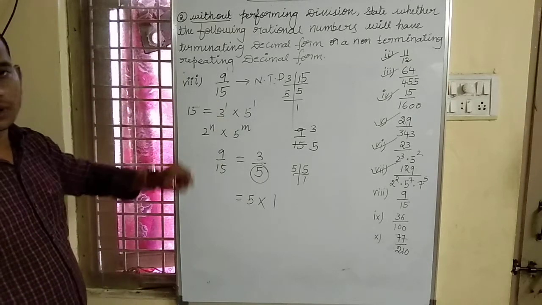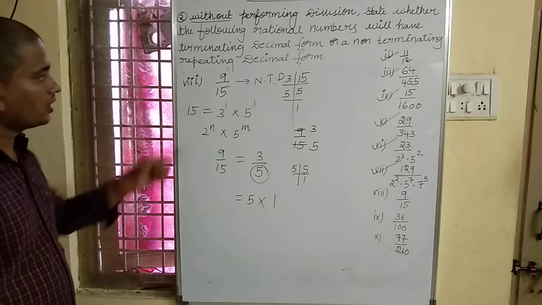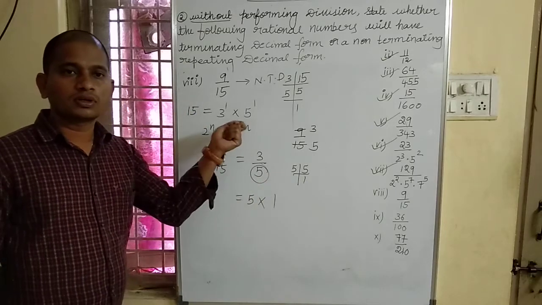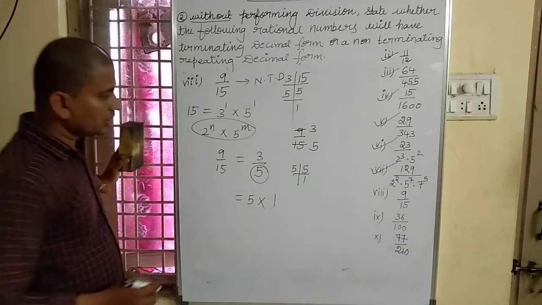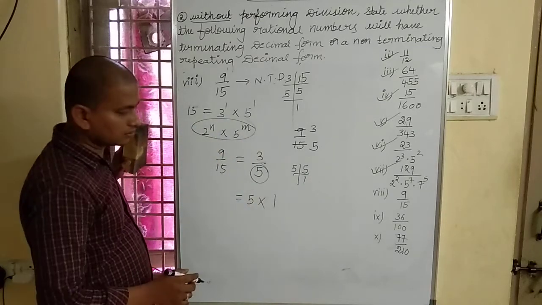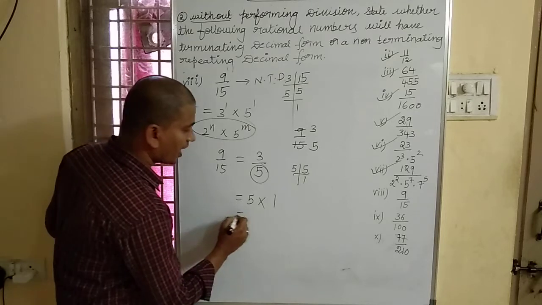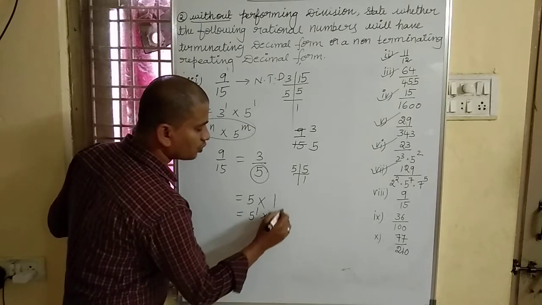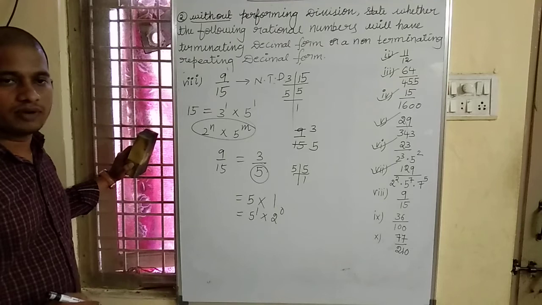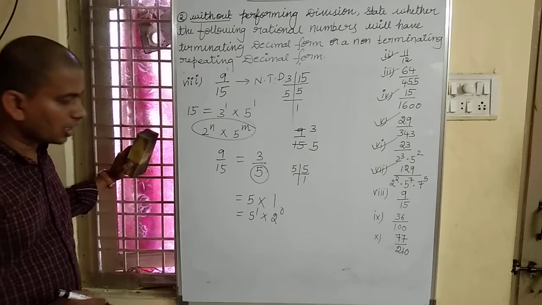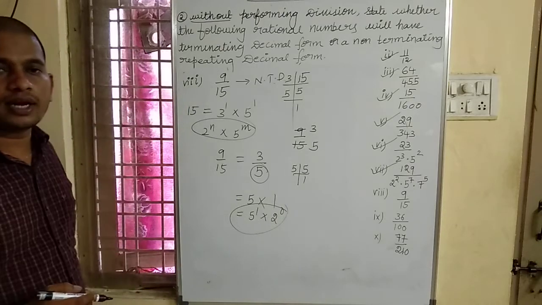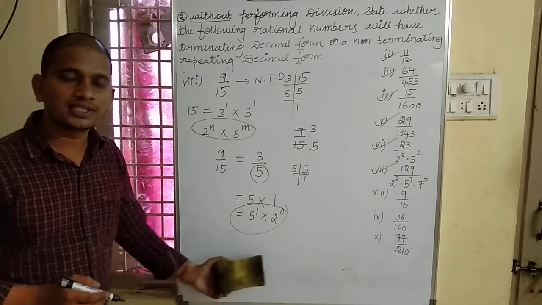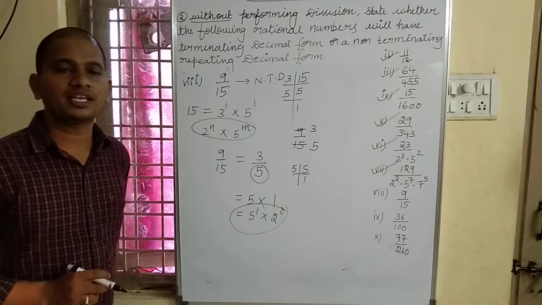See the difference here. If you do not convert into standard form, this will become wrong. We convert into 5 into 1. So 1 I can write as 2 power 0. Now you see it is in the form of 2 power n into 5 power m. Hence it is a terminating decimal.